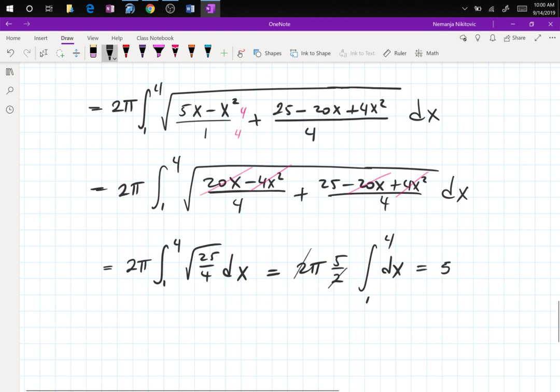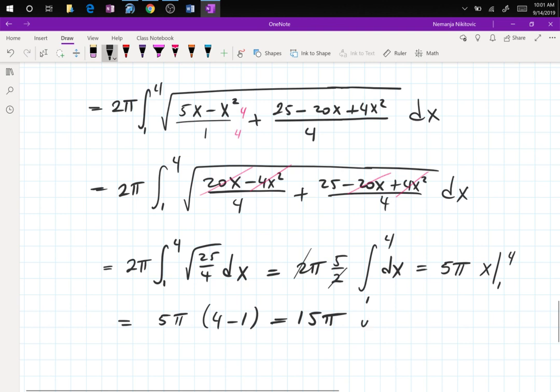So we have 5 pi integral of this is x computed from 1 to 4. And now we have 5 pi times 4 minus 1, which gives us 15 pi as the answer here.